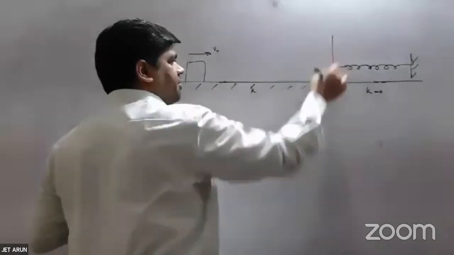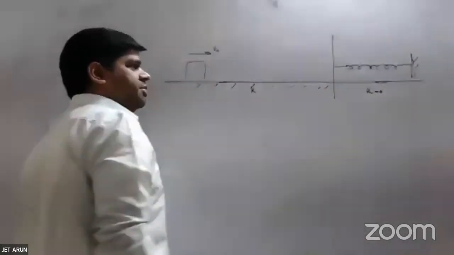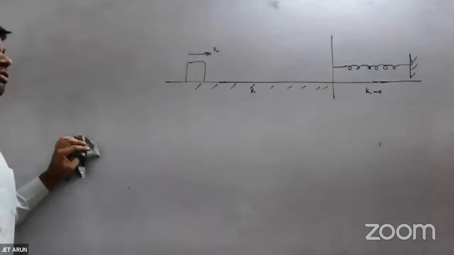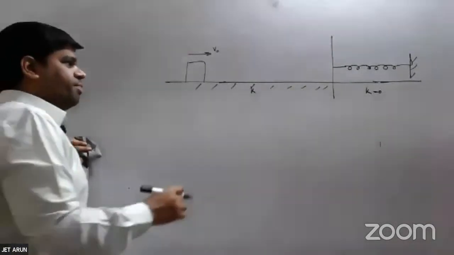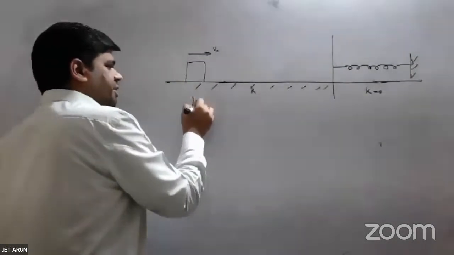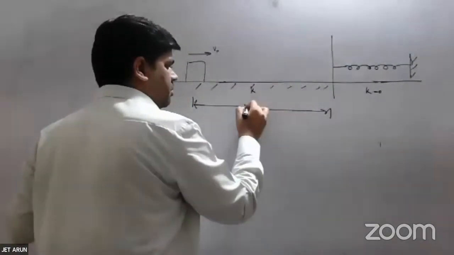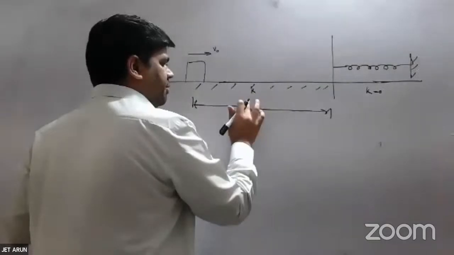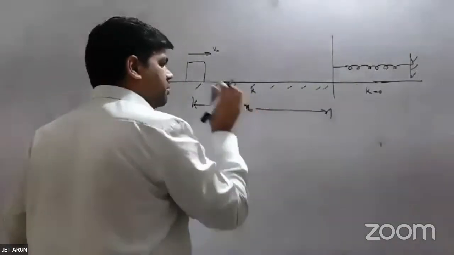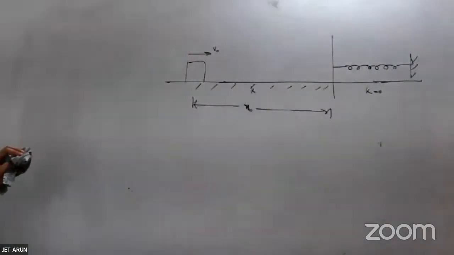There is friction till this equilibrium position. Once the spring compresses, there is no friction. All right, I have to understand the motion. I have to find out the point where this particle stops. Initial distance is x naught. I have to find out the compression in the spring and the point where it stops.